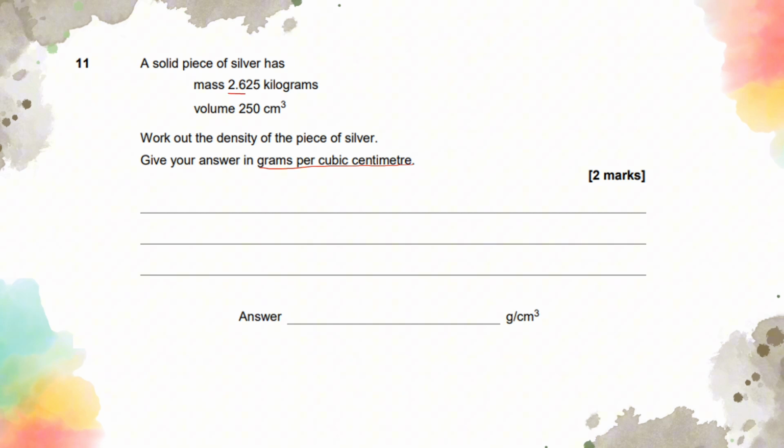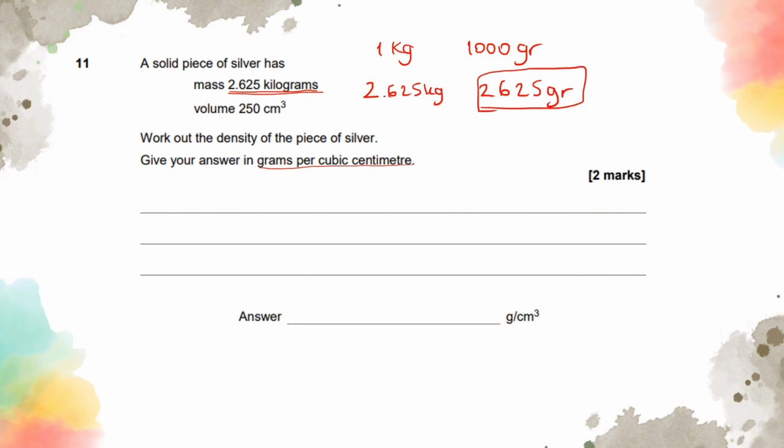However, the information given to us is in kilograms. So we need to convert this first of all. So we know that in every kg we have 1000 grams. So for 2.625 kg, if I times this by 1000, it's going to give me 2625 grams. So this is what I'm going to be using in my formula in terms of my mass.